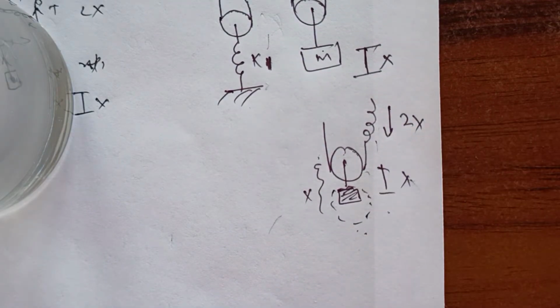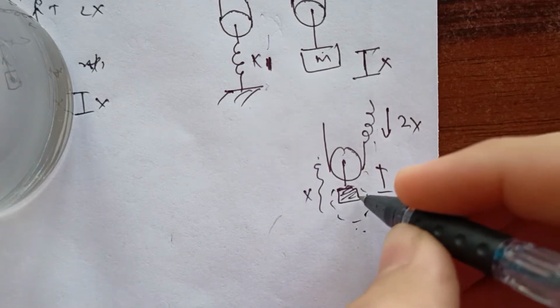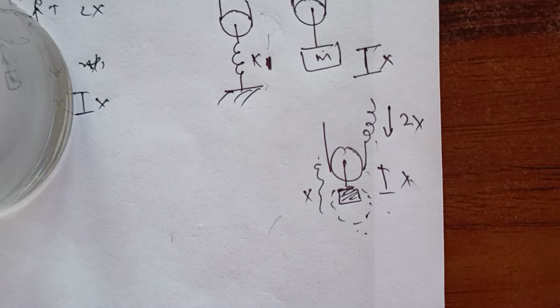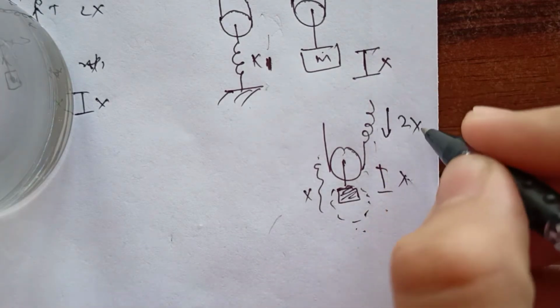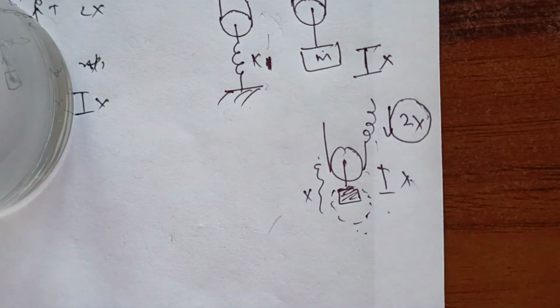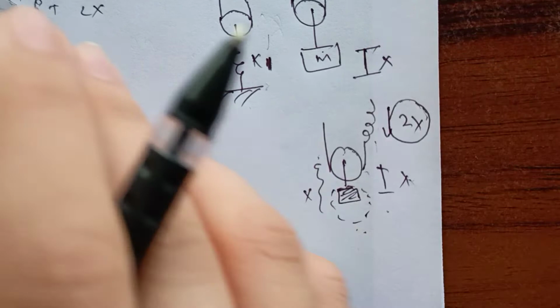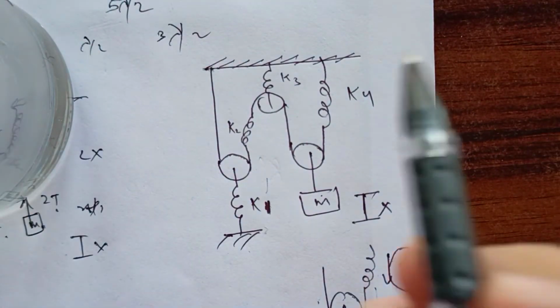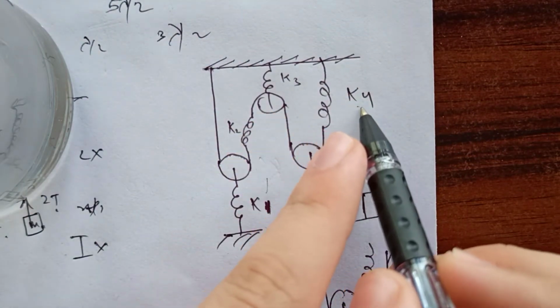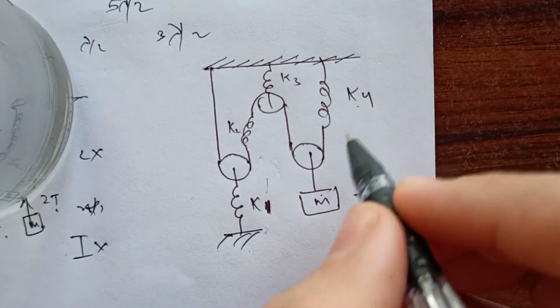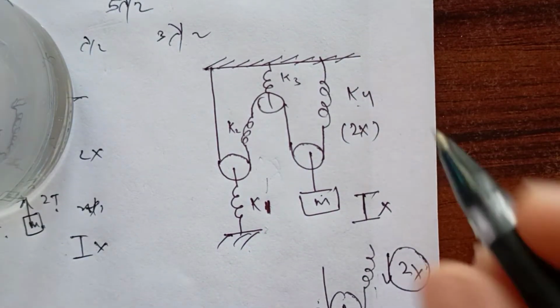So when we displace such an arrangement by a distance x, the elongation will be 2 times the elongation of the block. So we can say here that the extension in the spring which has spring constant k4 will be 2x, correct?